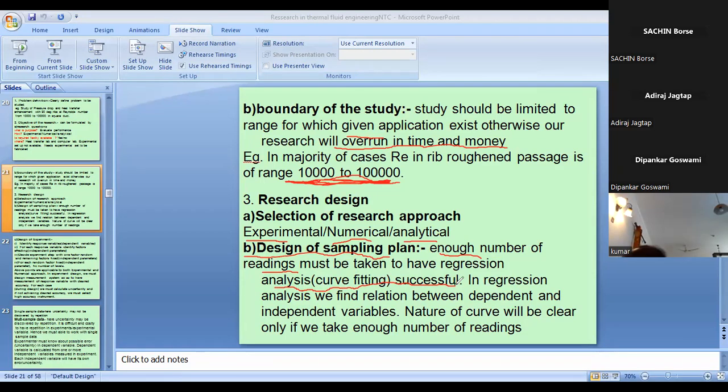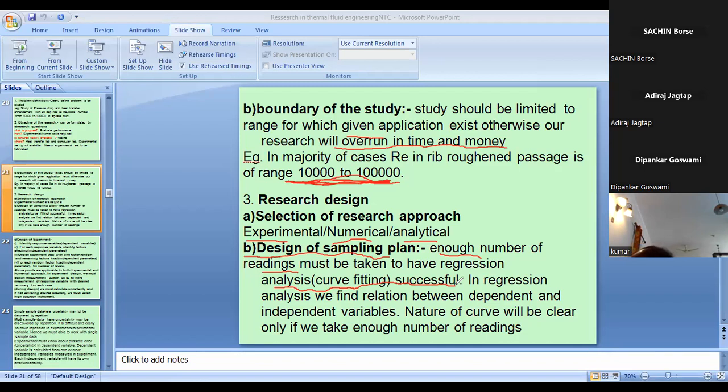So what we do, we have to take minimum 6 readings, okay, to have some good curve fitting. But in research, we generally take many readings, okay, because 5, 6 are not enough.